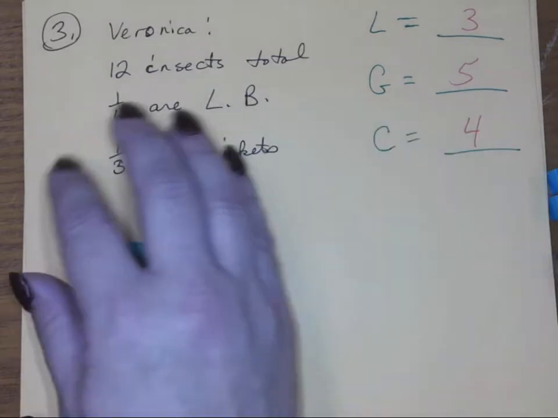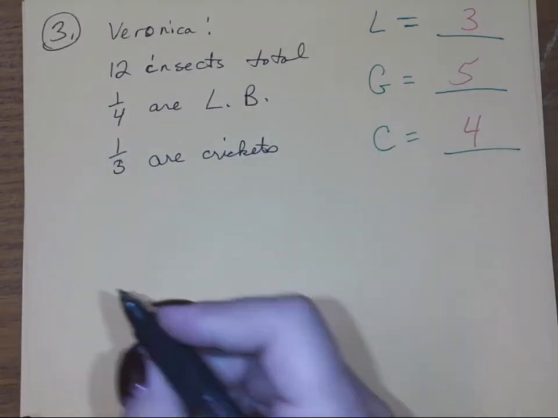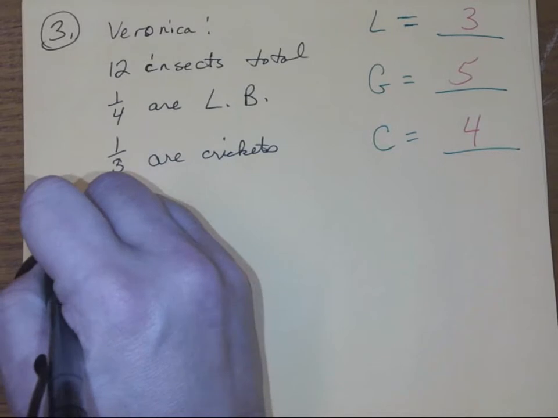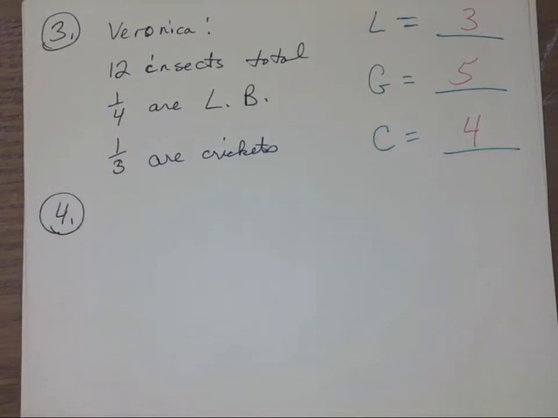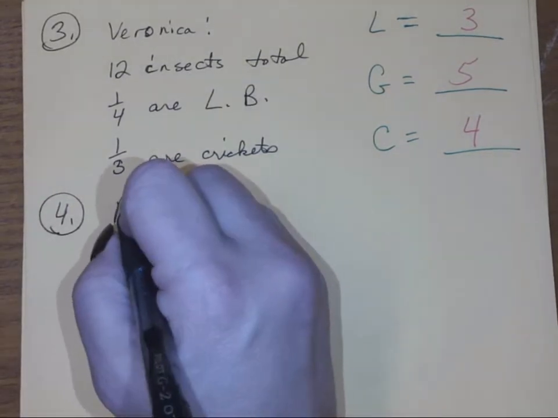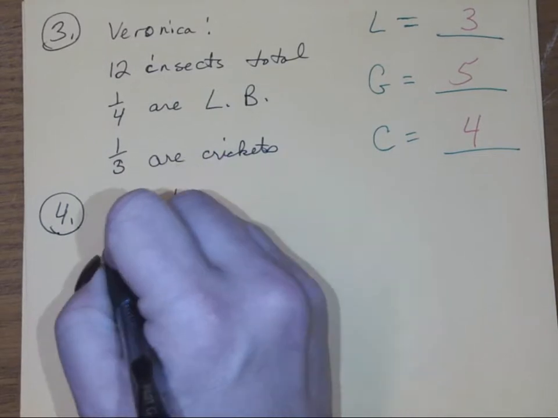All right. The last problem on this page is number 4, and it's very much similar to what we've already been doing. They've got some fractions in there, so I'm going to let you think about it for a minute.